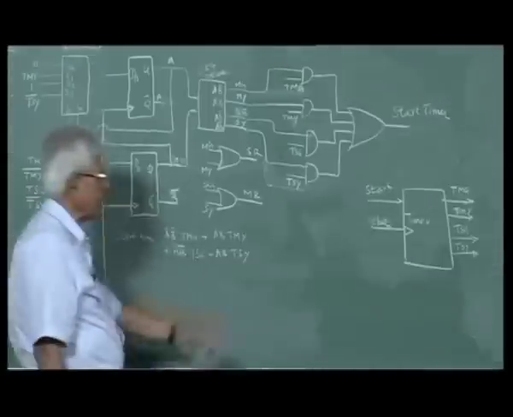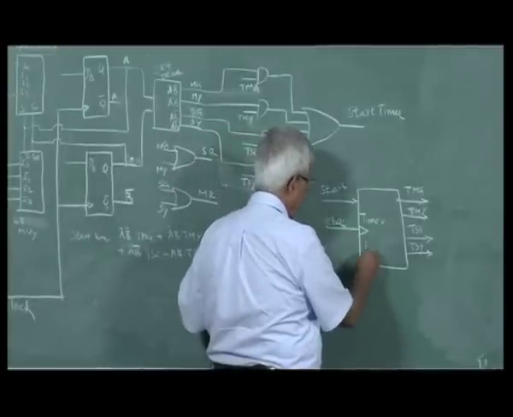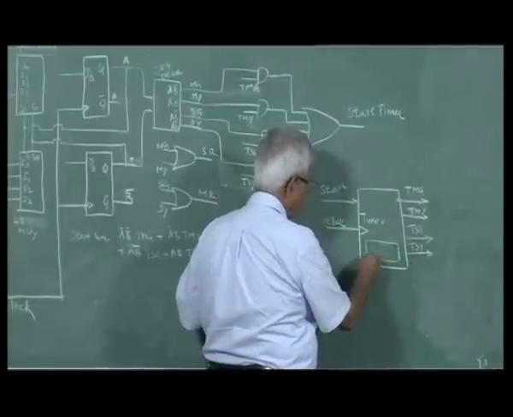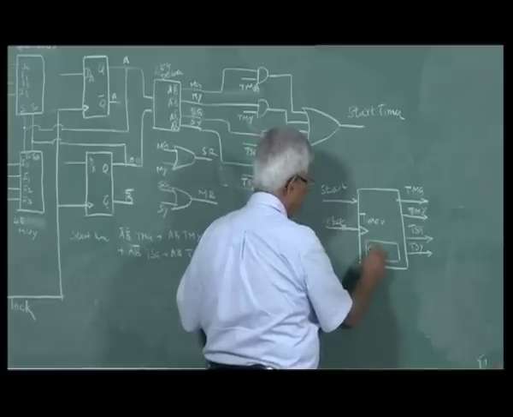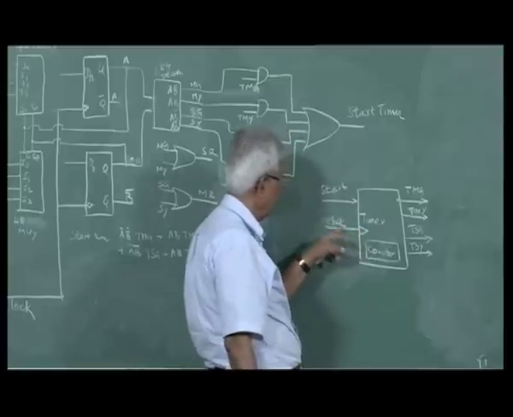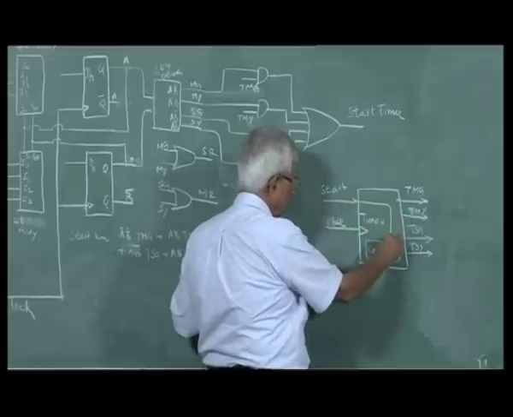See, every time I start the start signal, the clock starts from 0. So there's a counter inside. This is the actual timer, which counts the clock cycle. So every time you start it, it clears it.